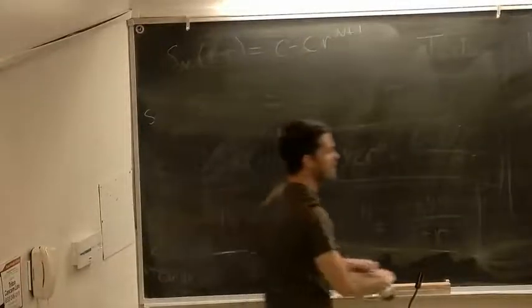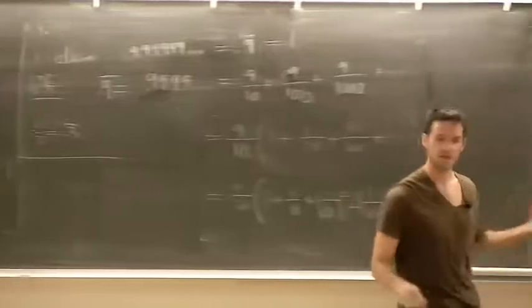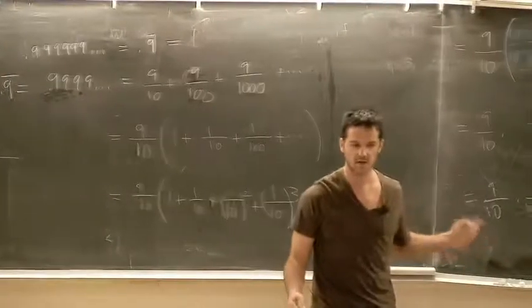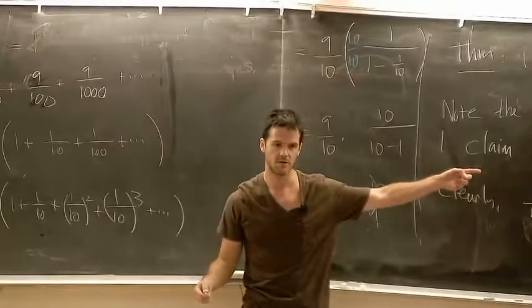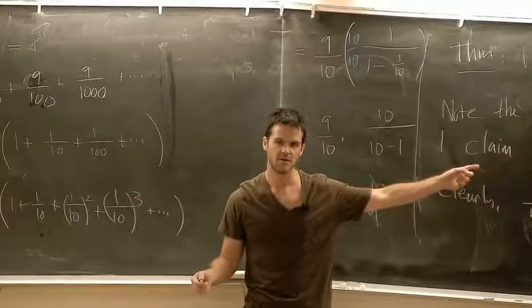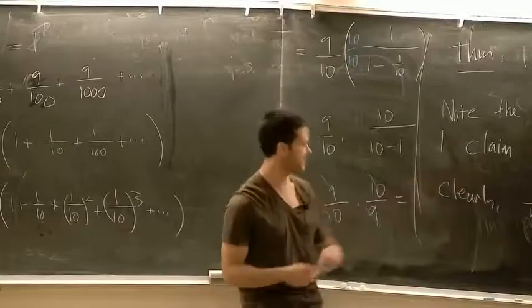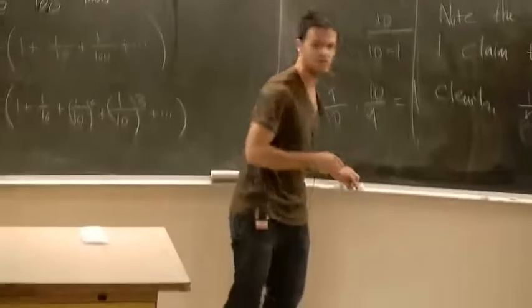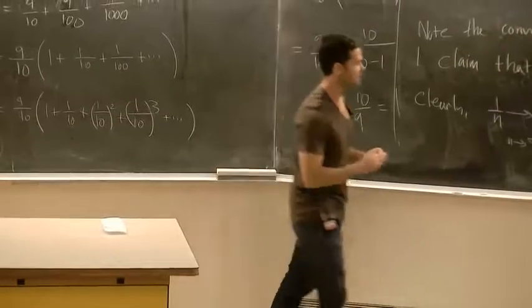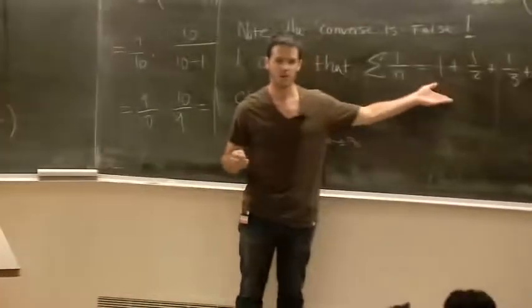By the way, this series that I drew over here, my counterexample, is a very special one. It even has its own name. Anyone know what this series is called? This is the harmonic series. For any musicians in the house, they might have heard about this. It's related to harmonic frequencies.